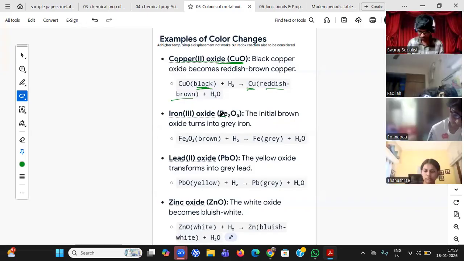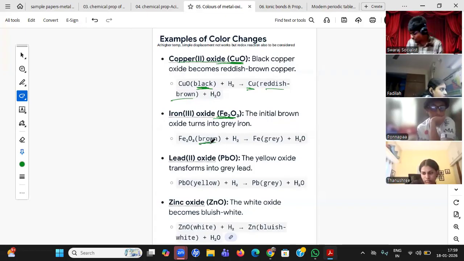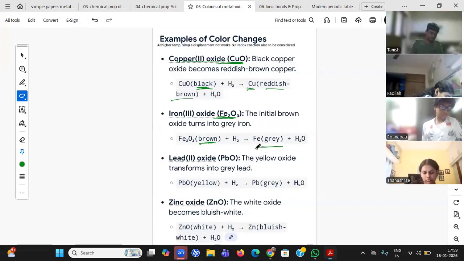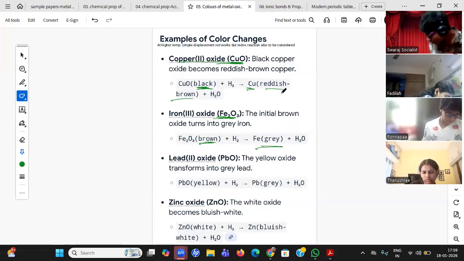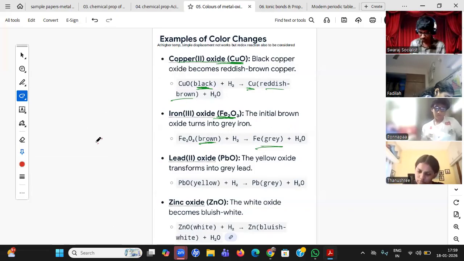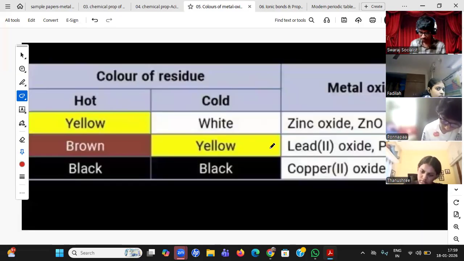Iron oxide is rust, brown. Pure iron is considered gray. Sir, in the regular session you gave it as hot and cold colors. Yes, that is here. Which should we consider if they ask a question?